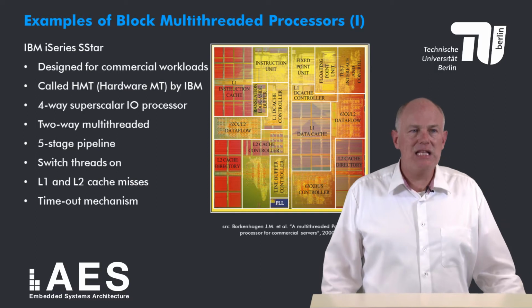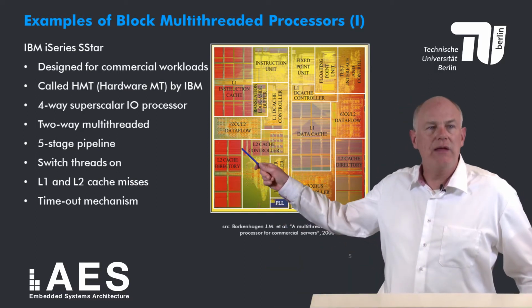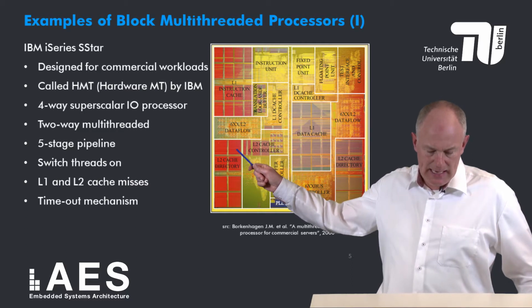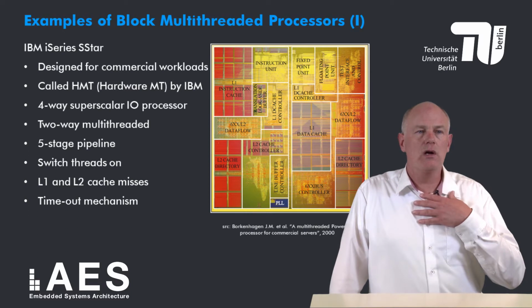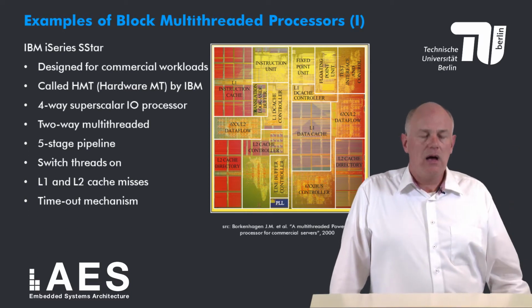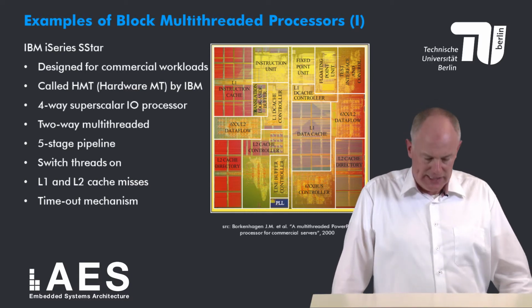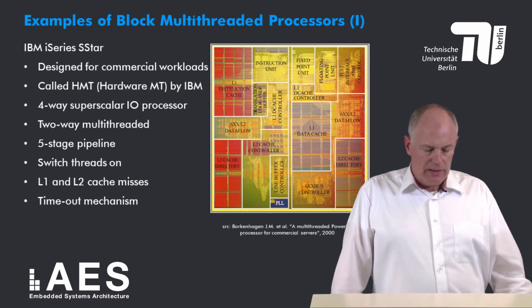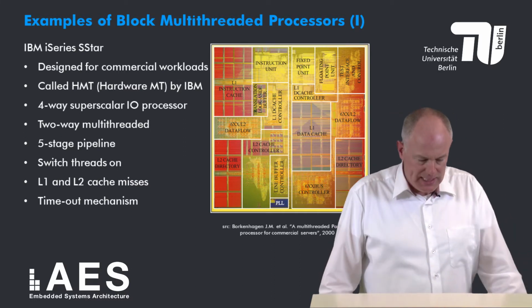Block multithreading has been implemented in several processors, for example in the IBM iSeries S-Star, which has been designed for commercial workloads. IBM called block multithreading hardware multithreading, HMT. The S-Star processor is a 4-way superscalar in-order processor.